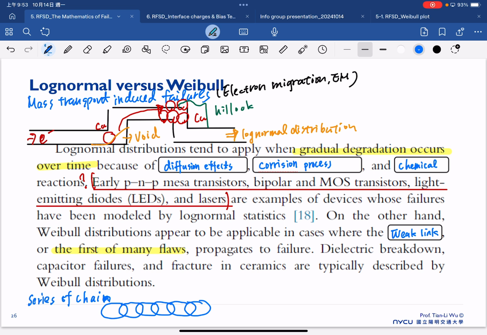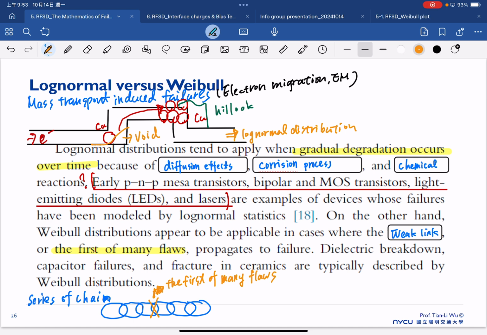And why is this called a weak link? Because if one of the connections is broken, the chain is broken. So if suddenly we have this broken, if we look at the sentence here, that's equal to the first of many flaws.